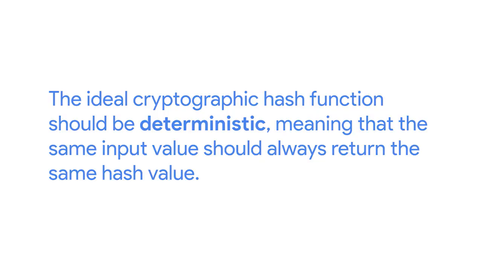The ideal cryptographic hash function should be deterministic, meaning that the same input value should always return the same hash value. The function should be quick to compute and be efficient. It should be infeasible to reverse the function and recover the plain text from the hash digest. A small change in the input should result in a change in the output so that there is no correlation between the change in the input and the resulting change in the output.